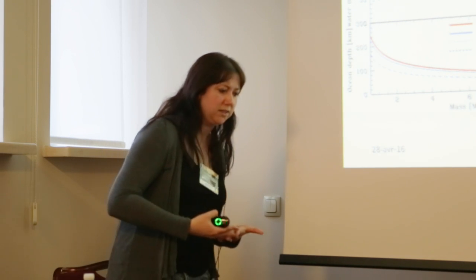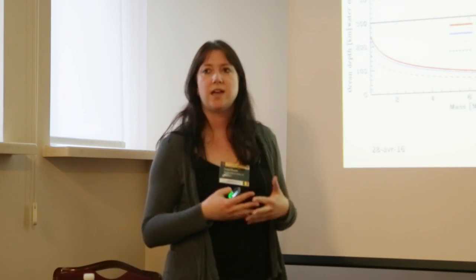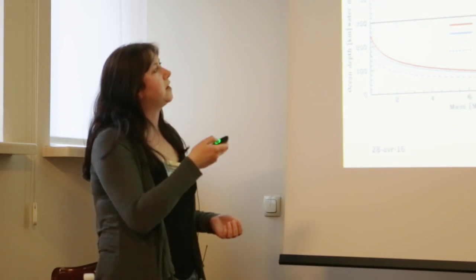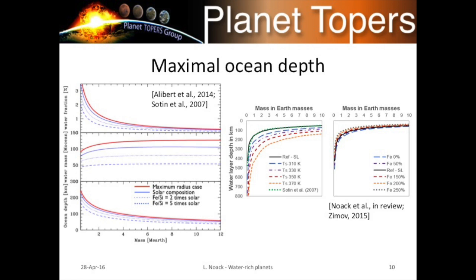What you can do next, if you actually wonder about the possible habitability of these water-rich planets, is to look at the maximal depths of a liquid ocean before it would actually form high-pressure ice.